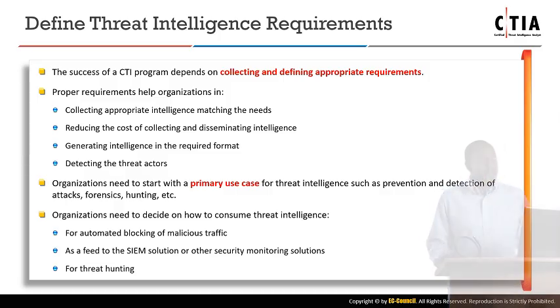We need to start with primary use cases for threat intelligence, like prevention and detection of attacks, forensics, hunting, etc. We want to be able to identify that primary use. Right? We need to be able to decide on how to consume the intelligence that we get. For automated blocking of malicious traffic.